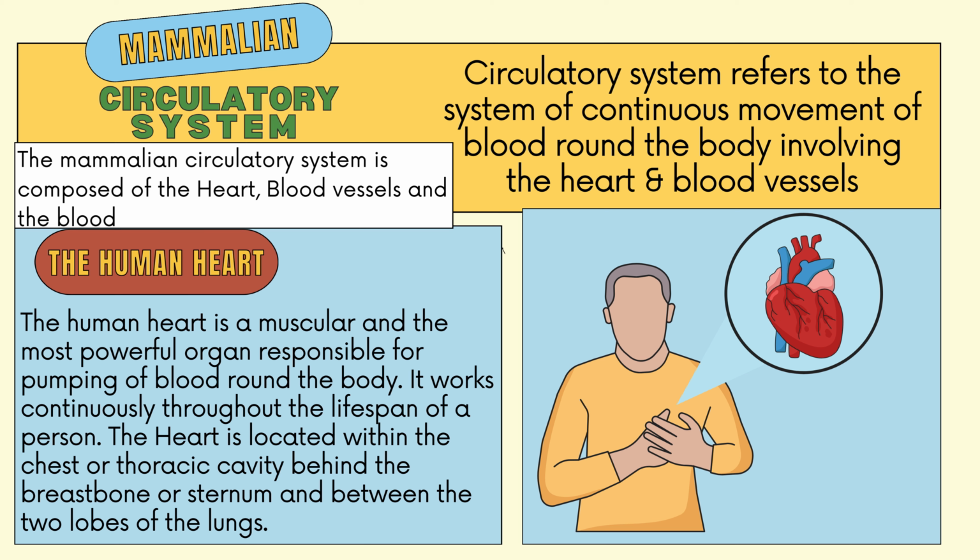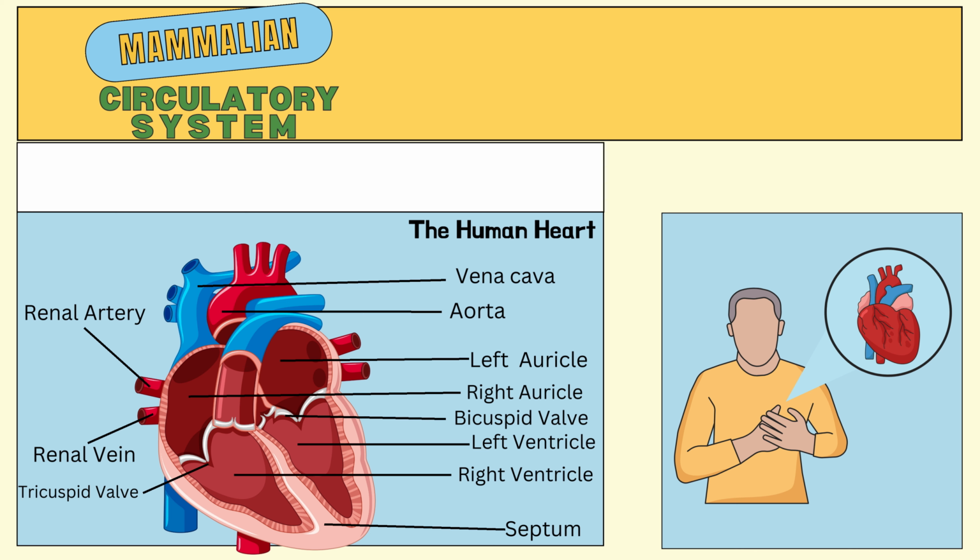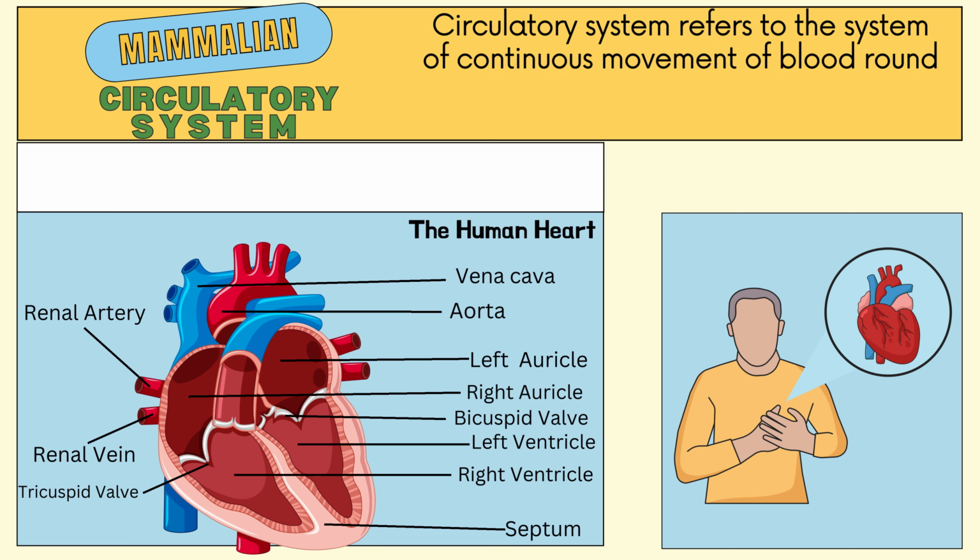The heart is located within the chest or the thoracic cavity, behind the breastbone or the sternum, and in between the two lobes of the lungs. The human heart is divided into four main chambers, and these four chambers are divided into two sides, the right side and the left side. Here is a breakdown of the structure.